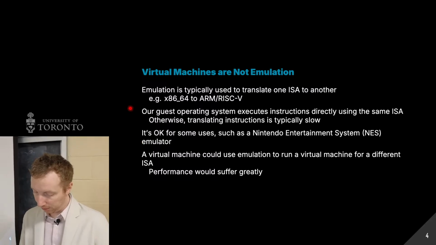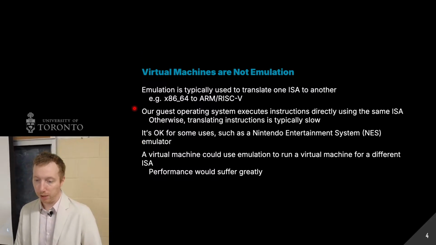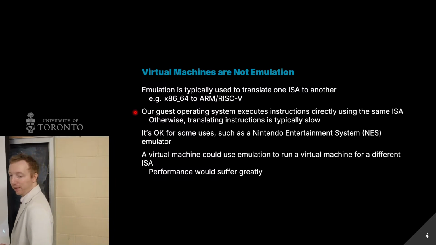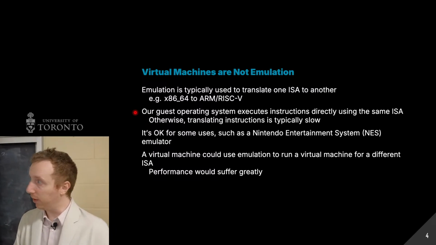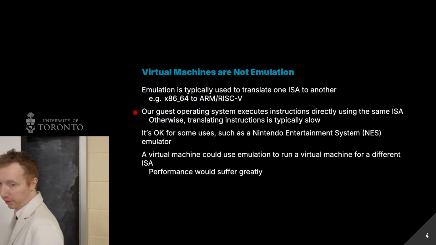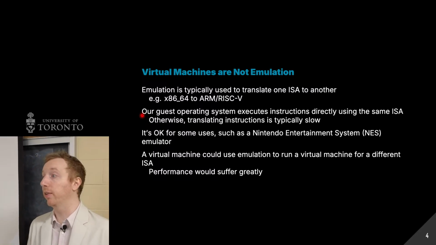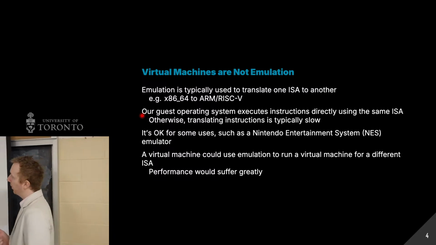So you can actually virtualize a normal Windows on your Mac, no problem. So our guest operating system usually executes instructions directly on the CPU, the hardware CPU, using the same instruction set architecture. Otherwise, it has to translate the instructions from one instruction set architecture to the other, which is typically slow.